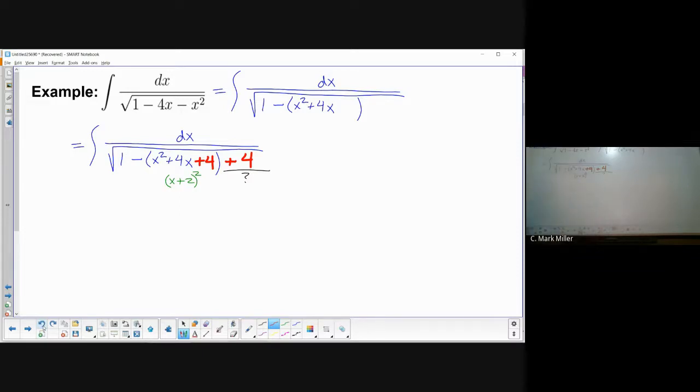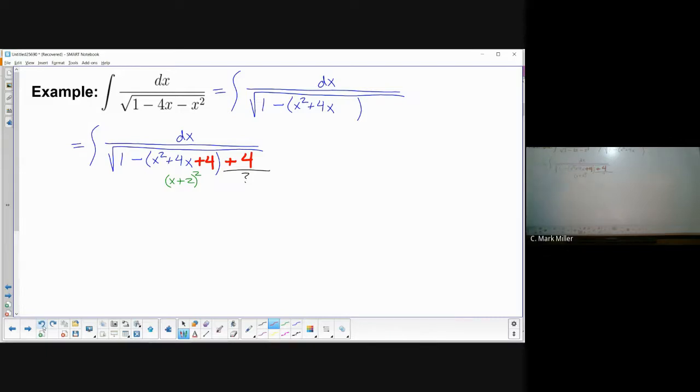So I have to increase the value somewhere else. This is always going to be something squared, and it could be a fraction, it could be 6, depending on what that is. So you take half of that coefficient, 2. Square it, 4. I'm subtracting that 4, so I add 4.